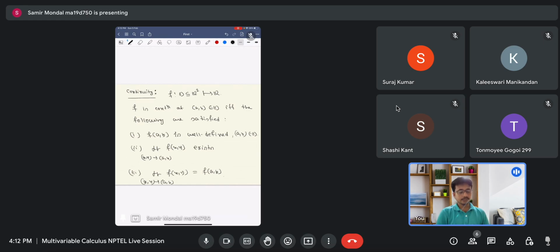So these three conditions have to be satisfied by the function.